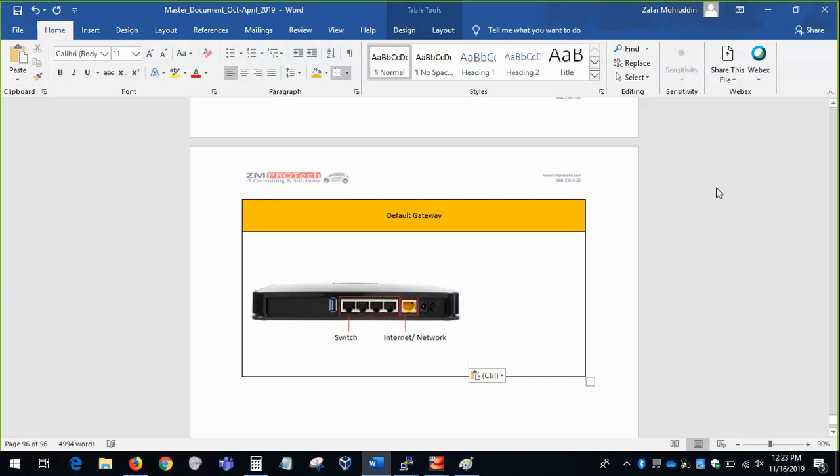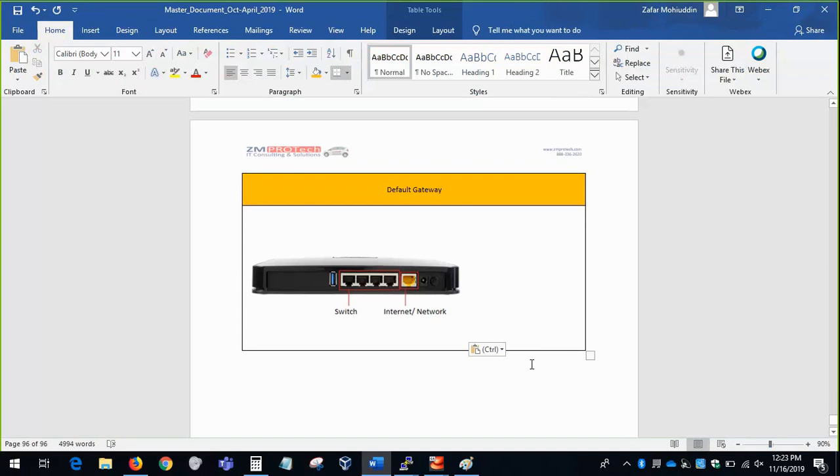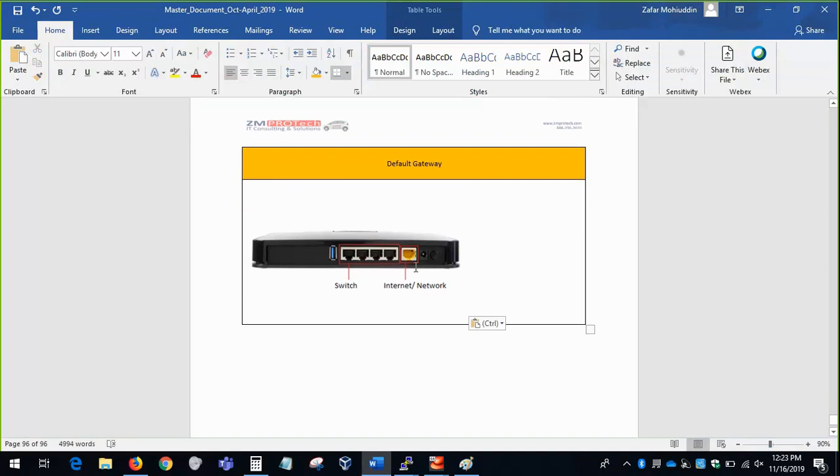So what a router does is, it is getting the internet connection here, and then it distributes the internet connection, and it gives out its own IP from here. So what does the router do?